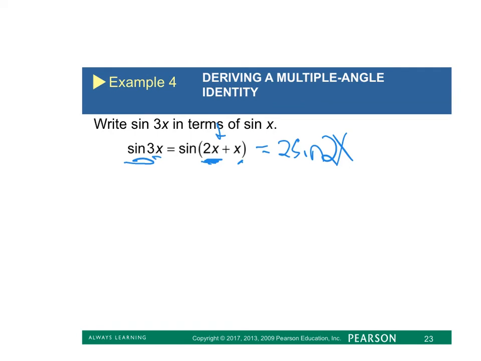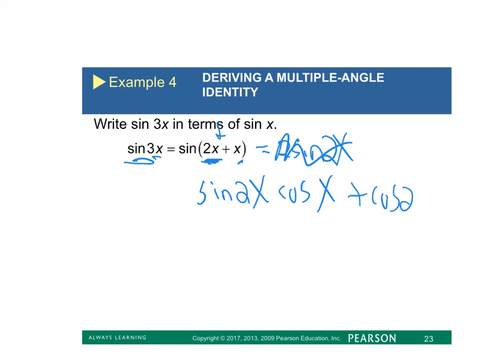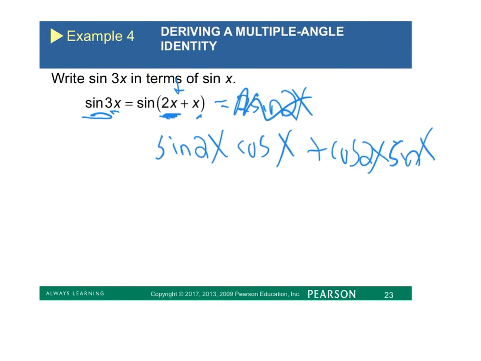Sine, wait, I better do this right. Sine of 2x, cosine of x. Keep the sine, cosine of 2x, sine of x. Now we have our double angle. That's a double angle. That's a double angle.